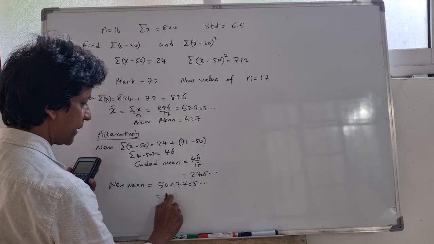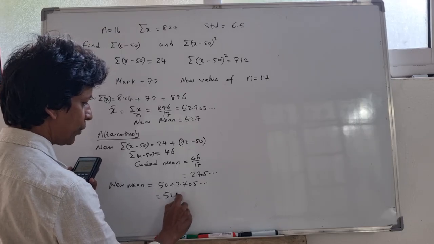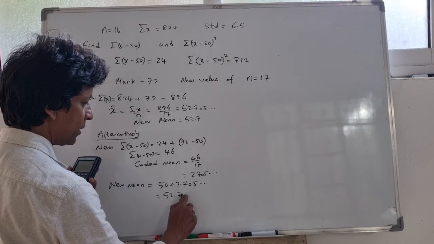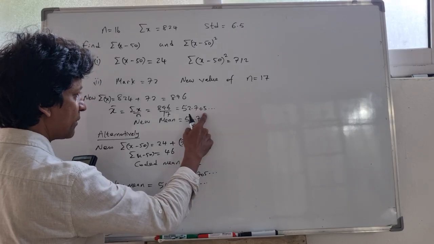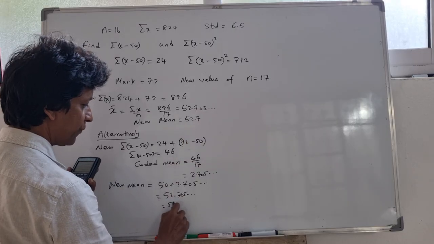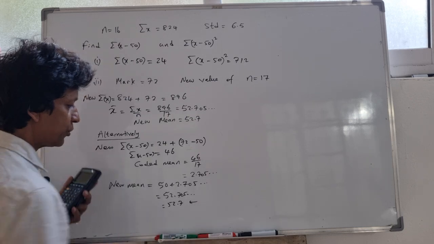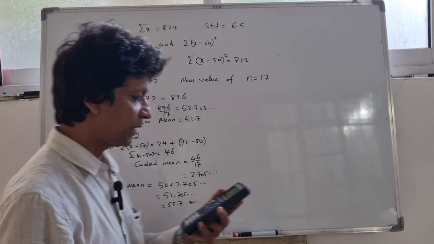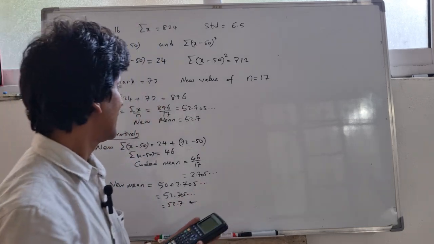So if we do so, we're going to get 52.705, which is exactly the same as this here. So that's 52.7 to three significant figures. That's the new mean. It's another way of finding the mean.